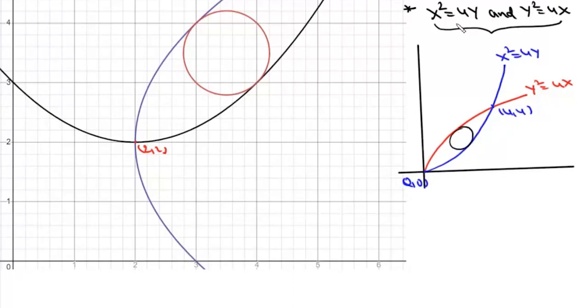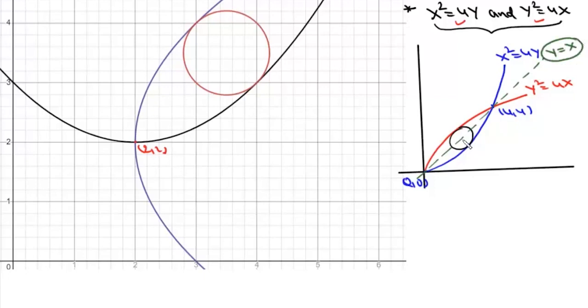parabolas. Now, just by looking at these two equations, we know that just by interchanging x and y in one, we'll get the other equation. So basically these two parabolas are a reflection of each other about the y equals x line. So these two parabolas are inverse curves of each other, and they are reflections of each other about the y equals x line.